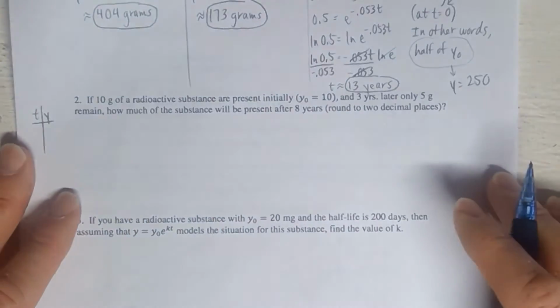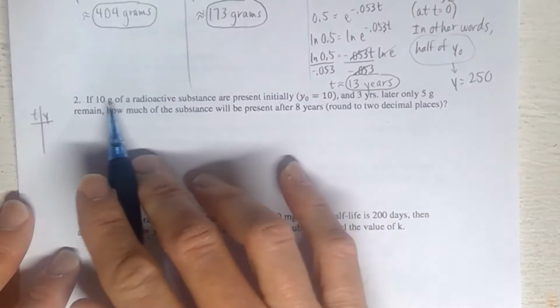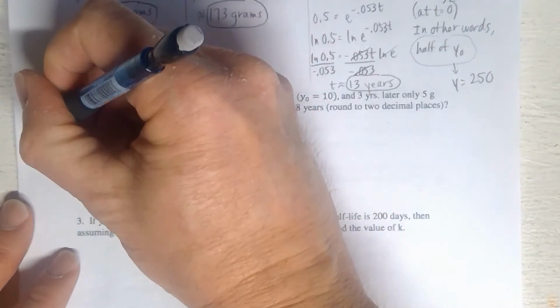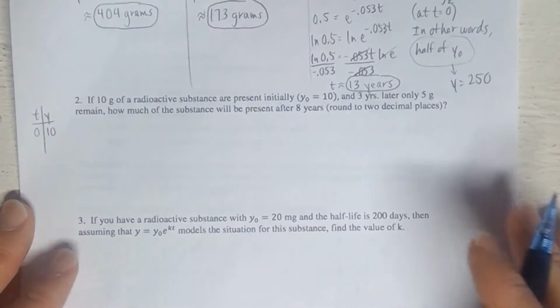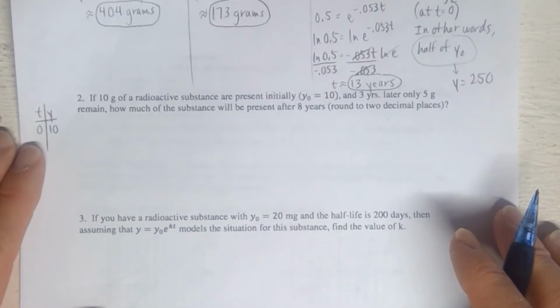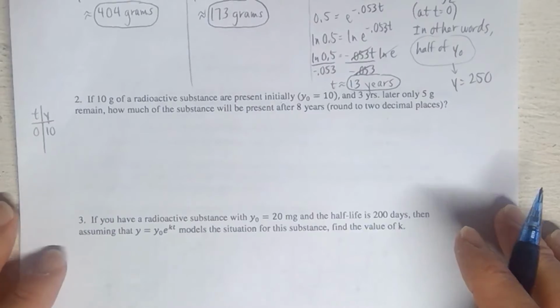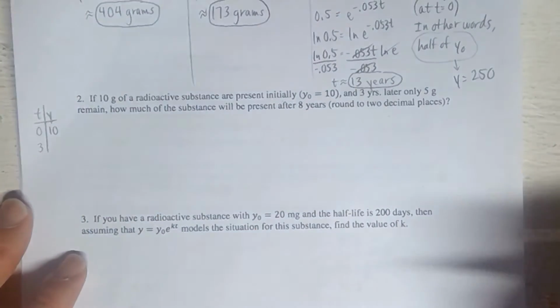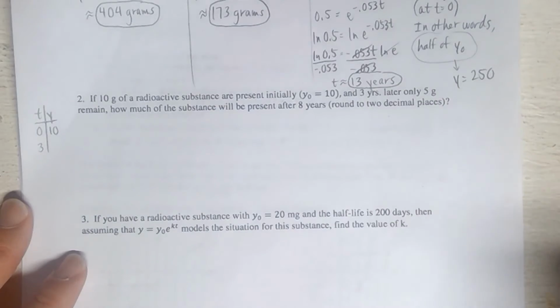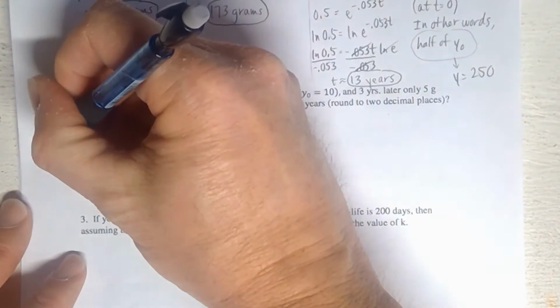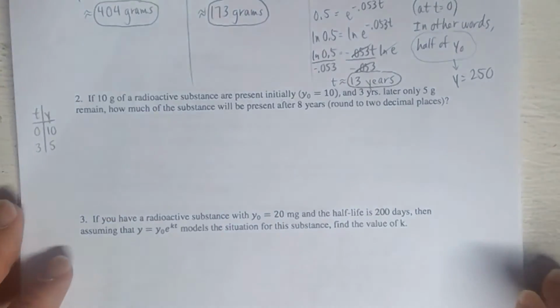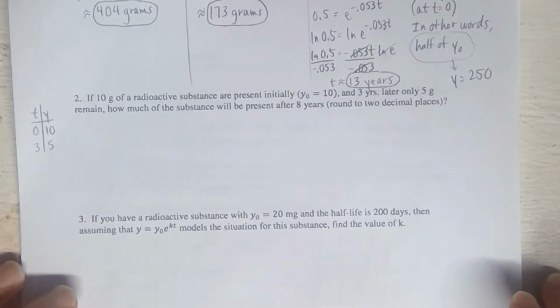Notice that at time 0, the radioactive substance, which is y again, just like in the last problem, is 10. So 0 and 10 go together. And then 3 years later, pardon me, t is equal to 3 because years is time. In 3 years, you're going to have 5 of the substance, so y is equal to 5 there.